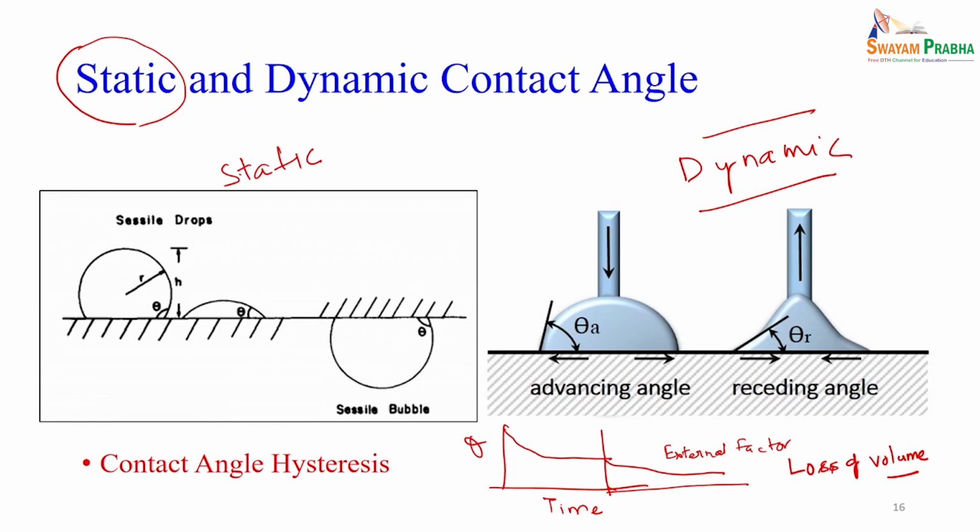If you remember the last lecture, when we put the drop, it has a contact angle, theta a, which we call the advancing contact angle, but if you pull it out, we get a lesser contact angle. A typical value of the advancing contact angle is always greater than the receding contact angle. This is the advancing and this is the receding, and this phenomenon is known as contact angle hysteresis.